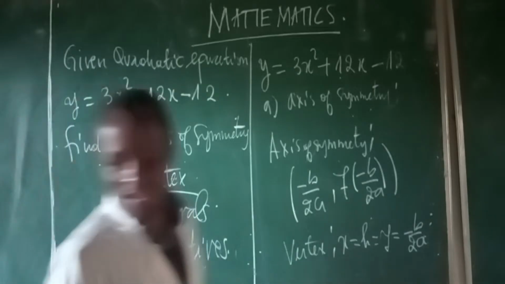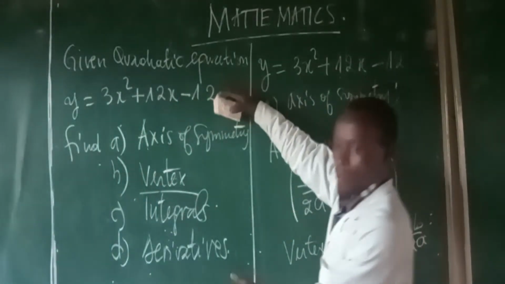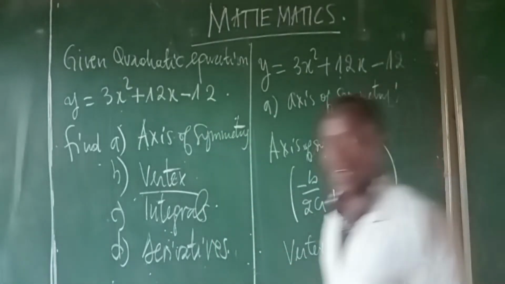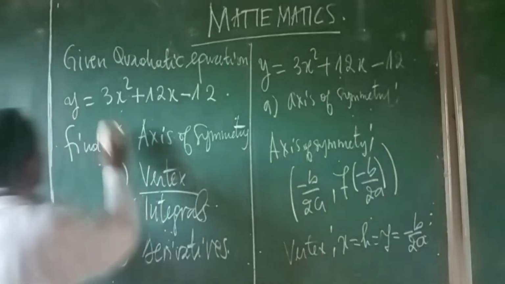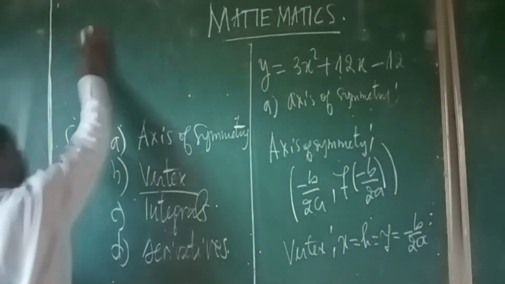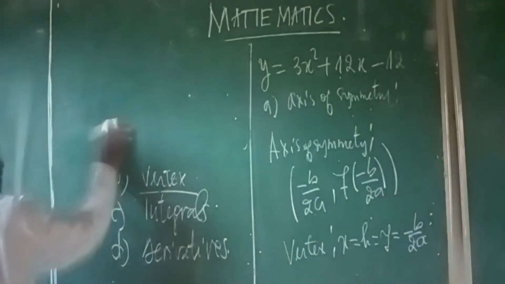So guys, now let us continue together. Yes. So now allow me please to clean this part and continue to find what you have been asked. You see this quadratic equation, it is written here on the right side.